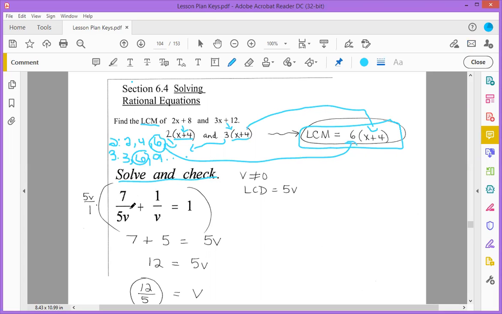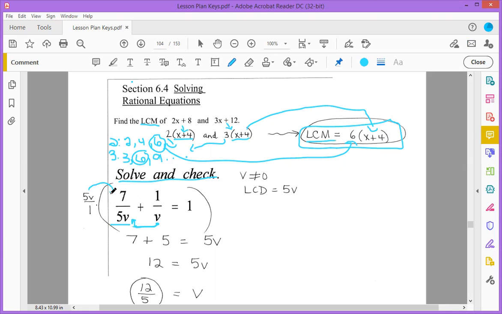So in order to get that like denominator, I have 5v here, I have 1v here. I can make this 1v become 5v, right? We could simply multiply that denominator by 5. So this 5v is going to be our LCM. That's going to be our least common multiple. That's the smallest multiple we can have in both denominators in order to add these two fractions.